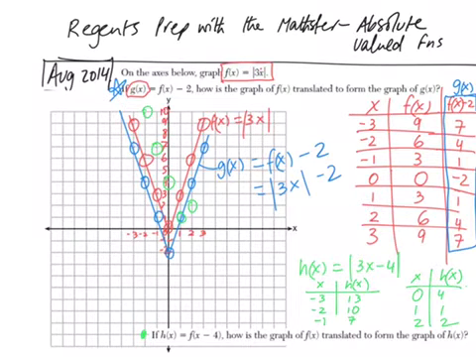So let's plot this. So this graph, the green one, is h(x).